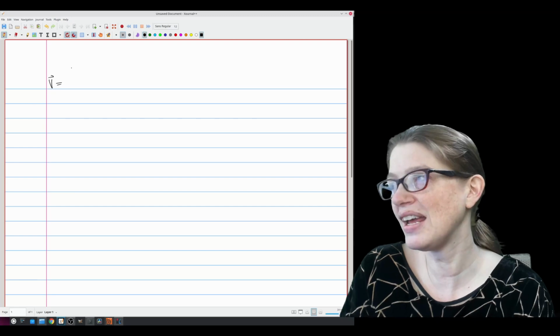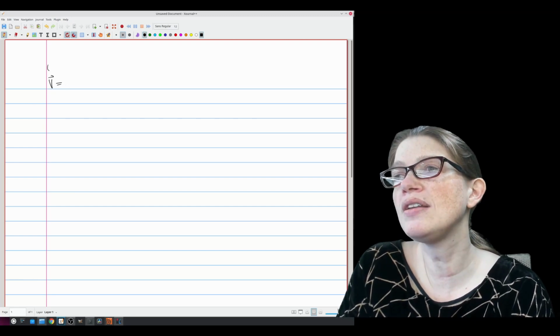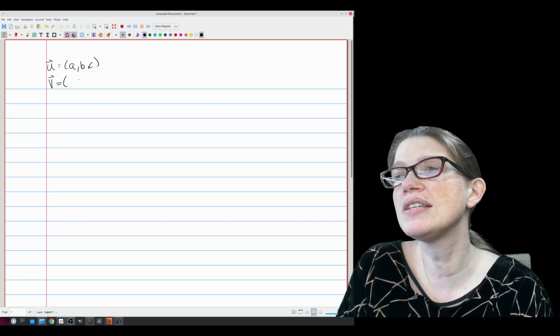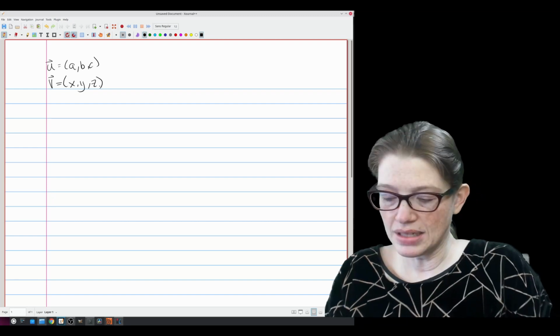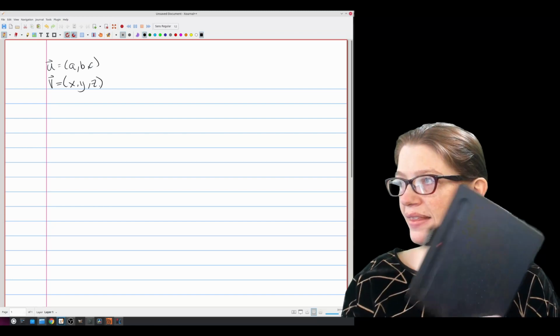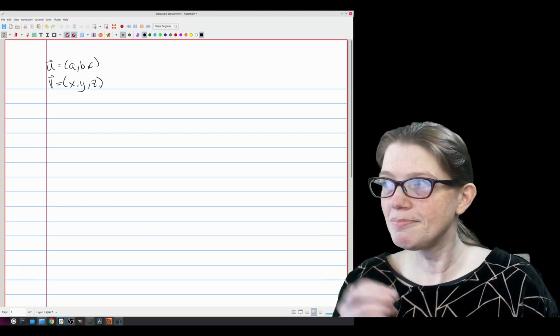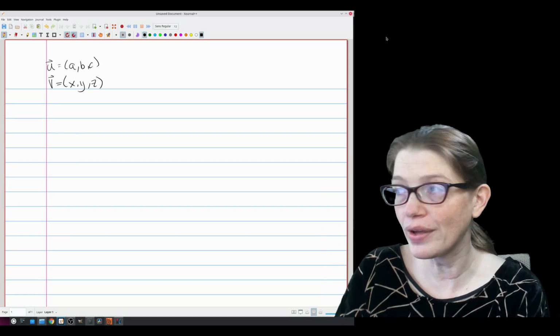If you're reading anything, you might see it in that form. So if we have two vectors, u and v, let's say u is (a, b, c), and I apologize, this writing may not be very neat, but there's a little bit of a mental disjoint because you're not actually writing on the surface that you're looking at.